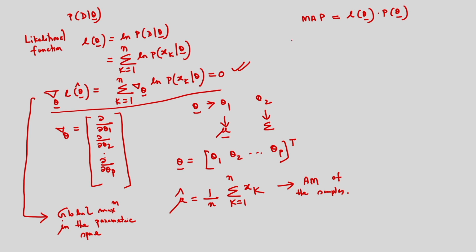So I have to maximize the probability of theta given x, that is probability of x given theta, p(theta), over p(x).